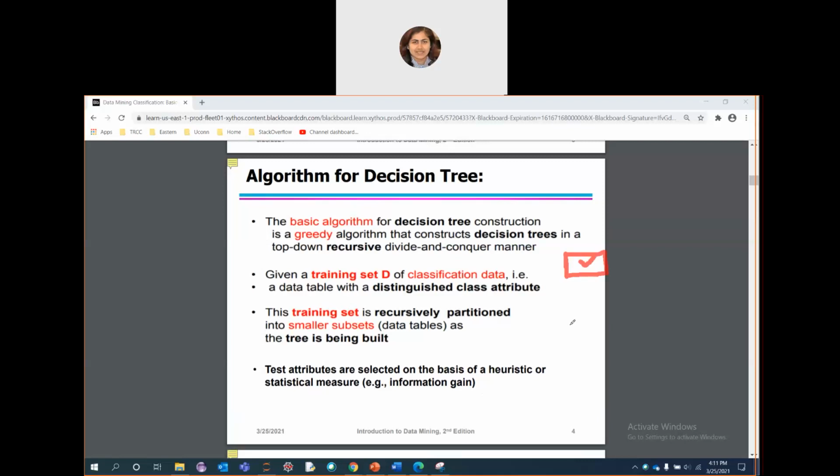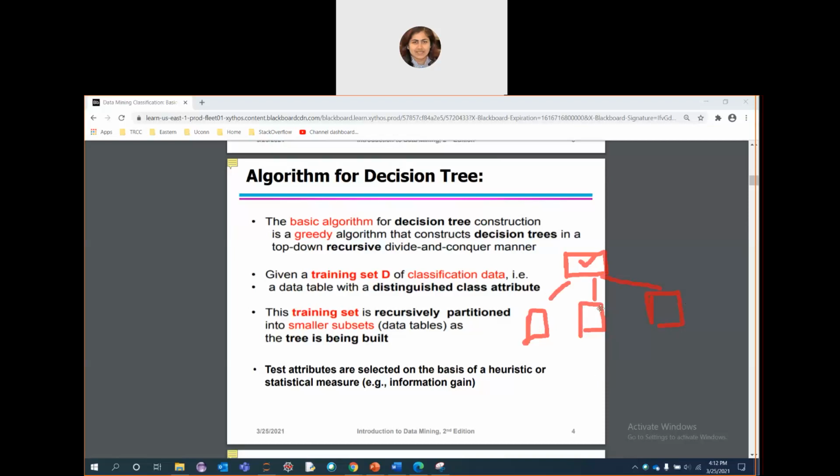Then we need to split or divide the training set into multiple subsets. These subsets should be made in such a way that each subset contains the data with the same value of an attribute. Similar weightage will be provided, and on the basis of that, you will make conditions.